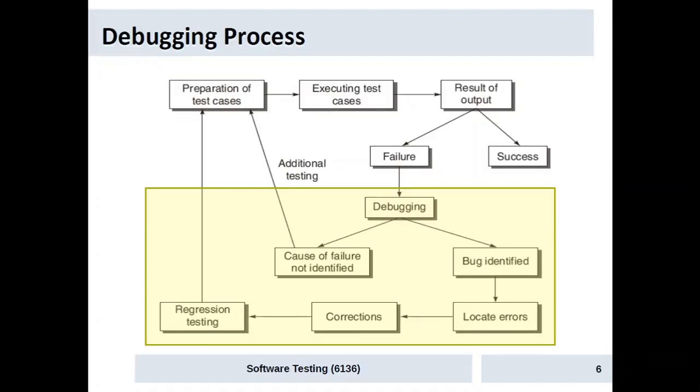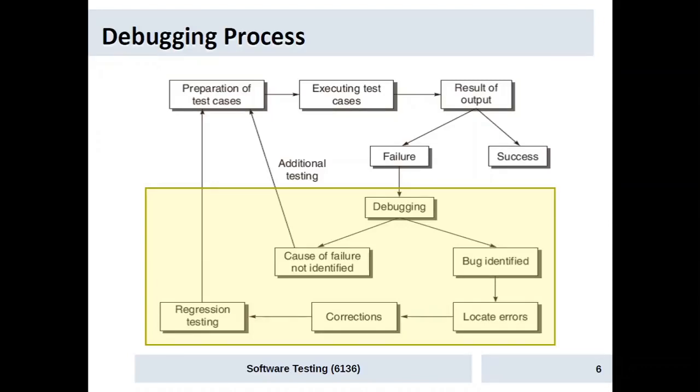Now we perform the debugging process. In the debugging process, we try to identify the cause of the problem, why the error happened, and we need to fix those errors. So there are scenarios. Sometimes these errors may be due to an incorrect testing procedure, or they may not have sufficient information to prove that it is a failure.